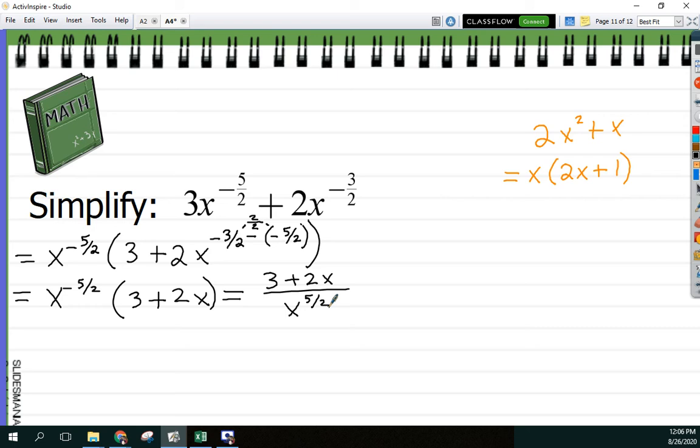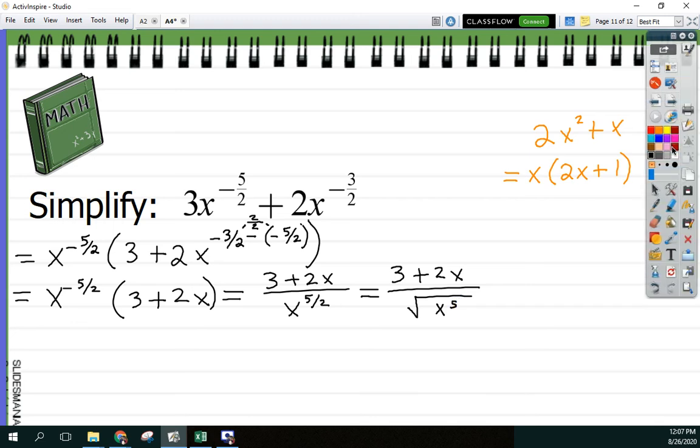So combining some of that previous stuff that we've done, hopefully we recall that 5 halves, or a fractional exponent, means that we actually have a radical there. So we could rewrite that as the square root of x to the 5th. And we want to simplify that, so I'm going to come over to the side and do a little scratch work.